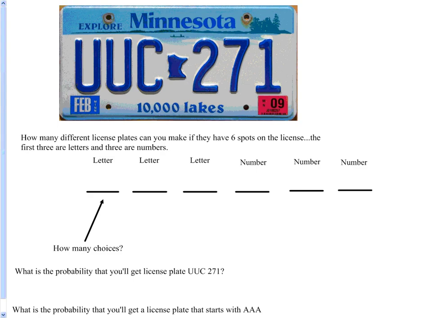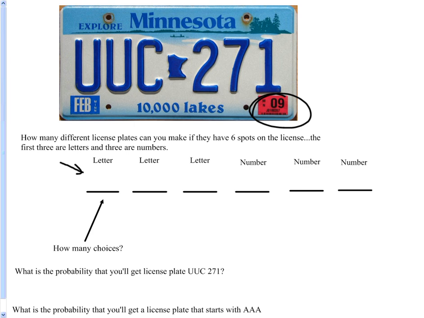Next up, license plates. That's a real Minnesota license plate. I don't know if the person actually watching the video on YouTube would happen to be like, that's my license. What is the probability of that? Exactly. All right. Well, we're going to figure out how many possible license plates there are. Actually, it's even got 09 tabs on there. It makes sense that it would be expired. But anyways, this first one, how many choices do I have for letters?